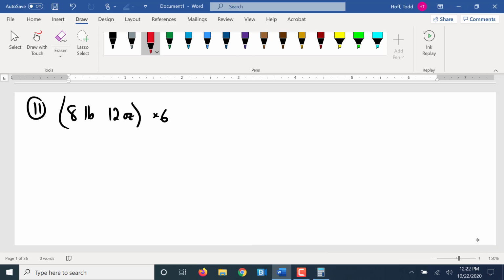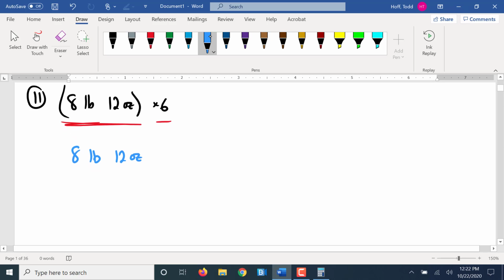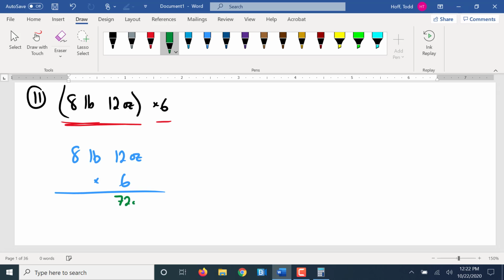Problem number 11, we're going to take 8 pounds, 12 ounces times 6. Once again, I'm going to set this up vertically. So I do 6 times 12 ounces is 72 ounces, which of course is more than a pound.